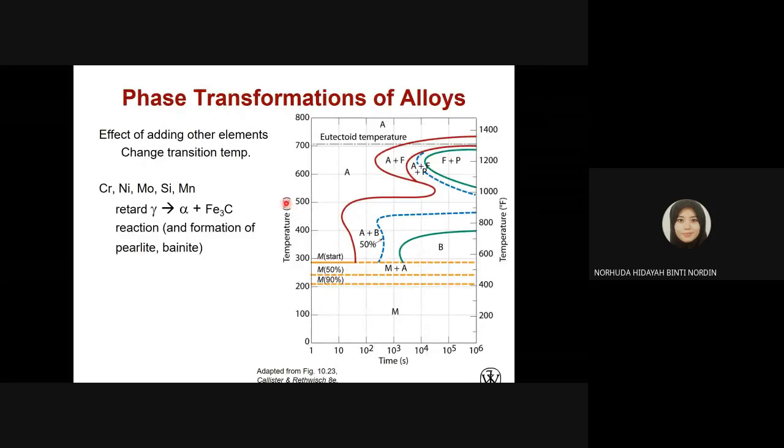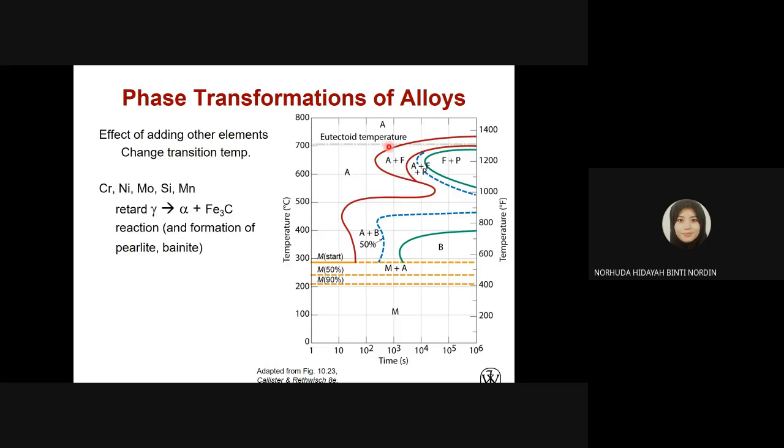What happens to the phase transformation if you add another element, for example chromium, nickel, molybdenum? It is still actually iron and carbon, right? So what happens if you add chromium, nickel, molybdenum, silicon, or manganese?